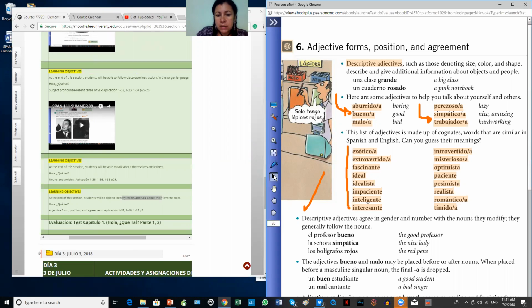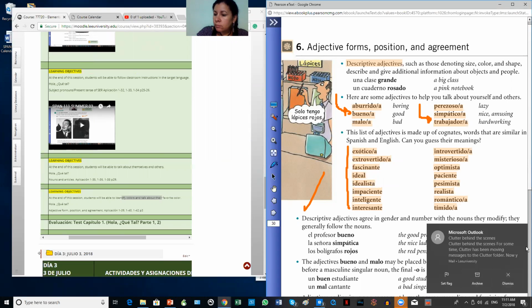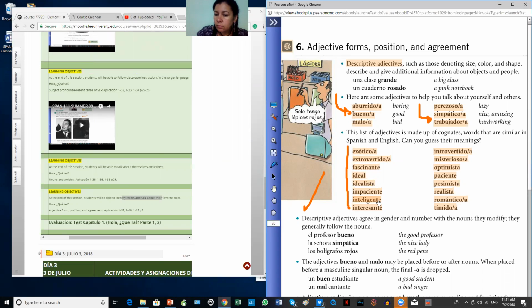I don't want to pronounce them all; you have the pronunciation here. Extrovertido. Fascinante. Ideal. Idealista. Impaciente.